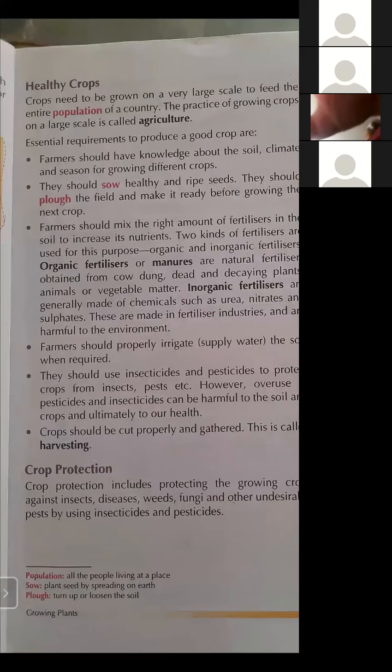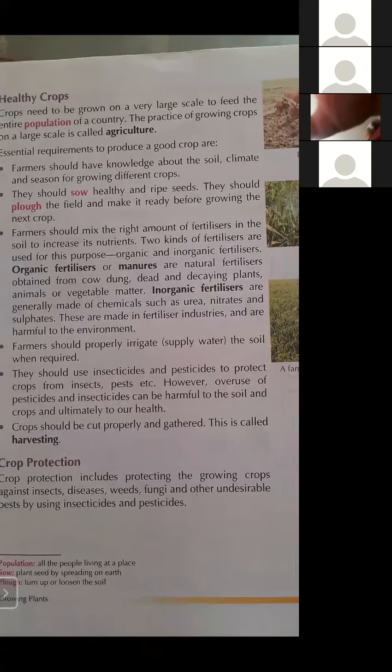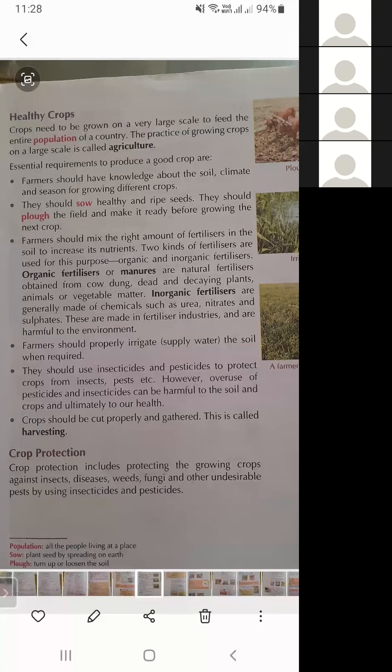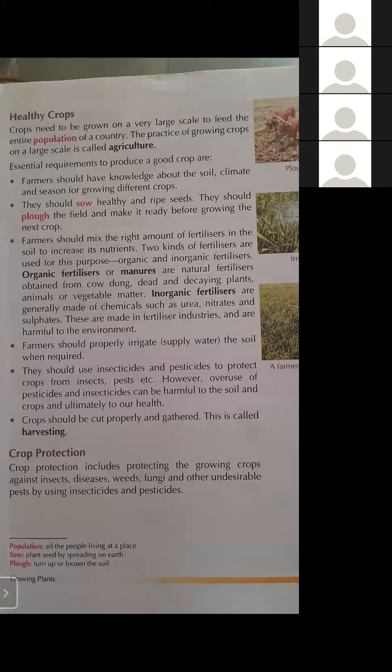The chemicals used to kill pests and insects are known as pesticides or insecticides. So these are the main topics we have covered in this paragraph, meaning healthy crops. These are the techniques or essential requirements by which we can grow healthy crops.